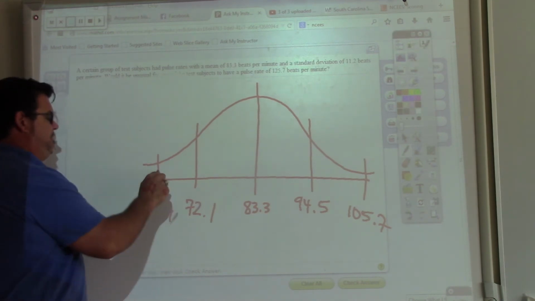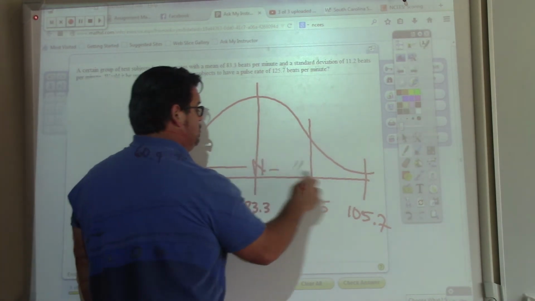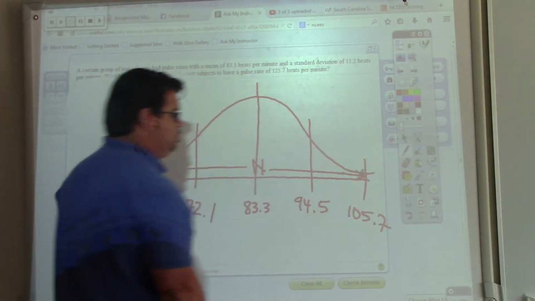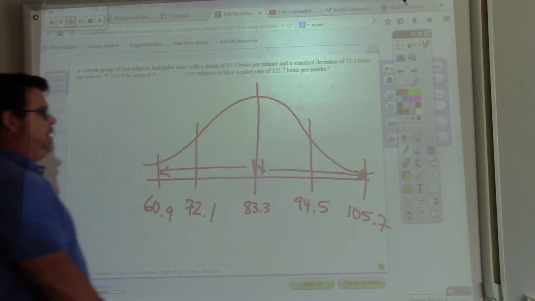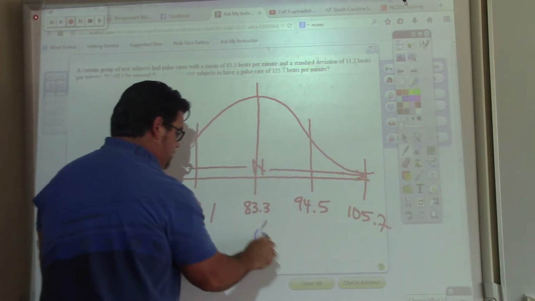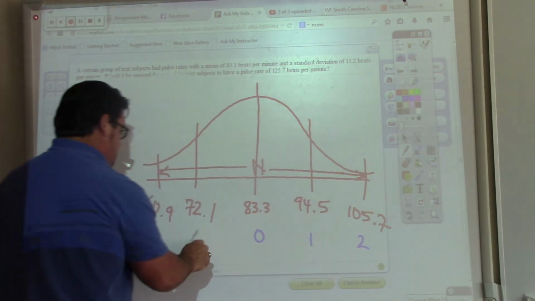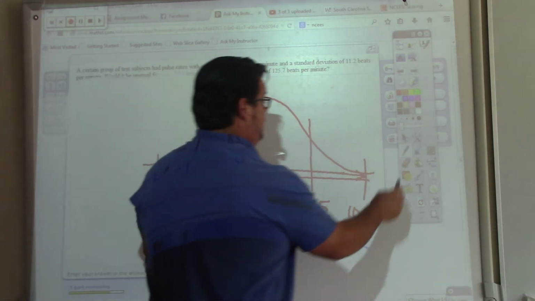So normality falls between what? 60.9 and 105.7. Okay. Now that we've drawn that, you could go ahead and add your z-scores, and I don't even know what the question's asking. 0, 1, 2, -1, -2, just in case it asks the z-score question.